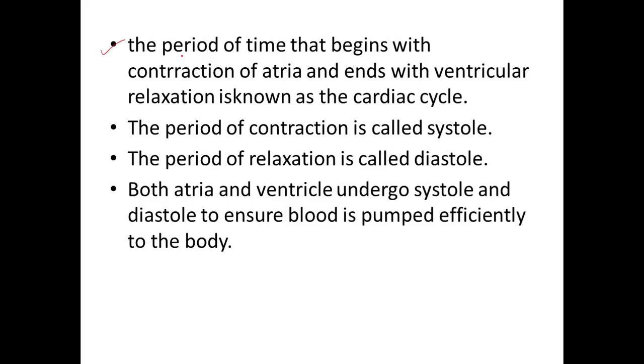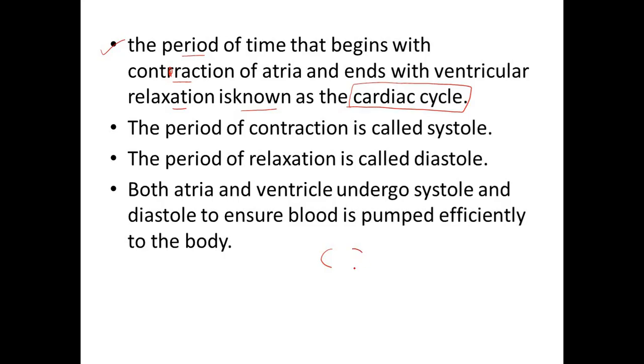The definition is: the period of time that begins with contraction of the atria and ends with ventricular relaxation is known as the cardiac cycle. That means the relaxation and contraction of the heart, simultaneously.